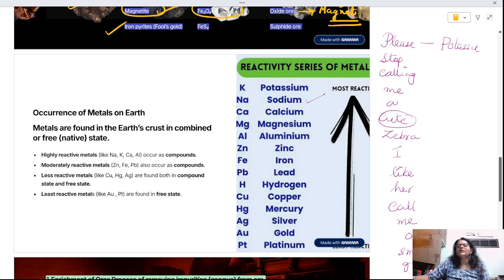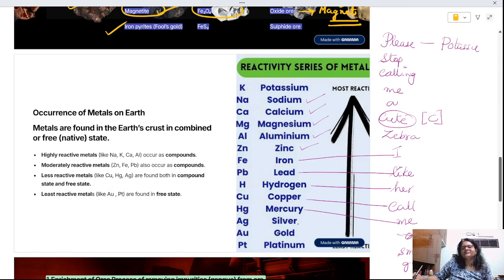Then comes sodium. Calling means calcium. Me means magnesium, aluminium, and there is carbon in between, but we don't usually take carbon into account. Then comes zebra, zinc, iron, I, like, lead, her, hydrogen, copper, coal, mercury, Me, mercury, silver, Ag, okay.